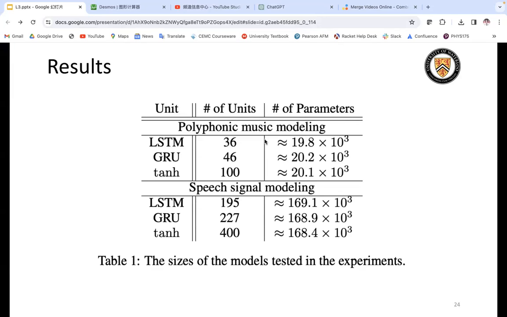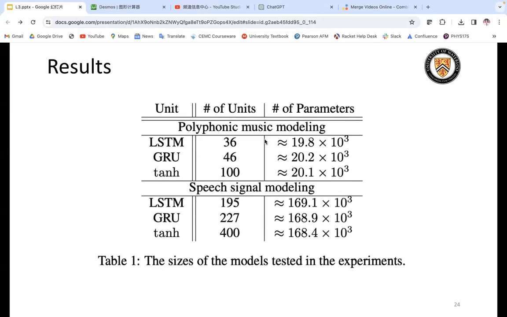And for gated recurrent unit, we have 46 units and 20.2 times 10 to the power of 3 parameters. For the simple vanilla recurrent neural networks, we have 100 units, and the number of parameters is roughly equal to 20.1 times 10 to the power of 3.